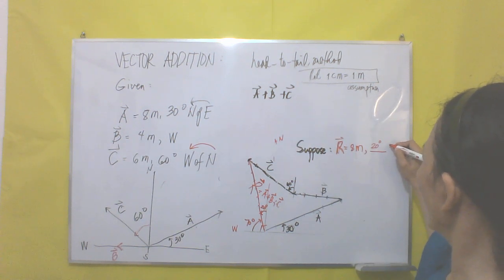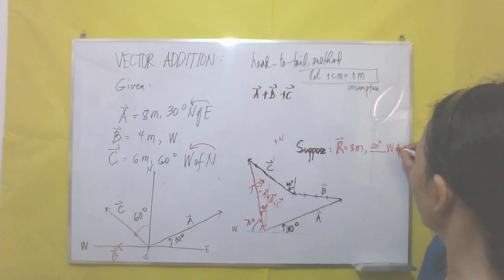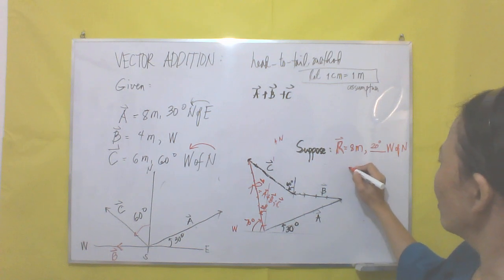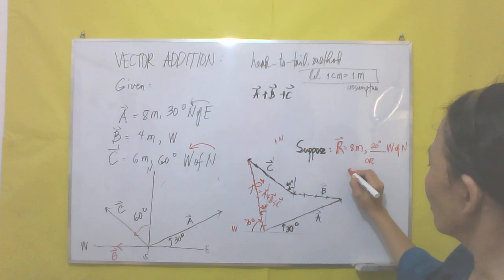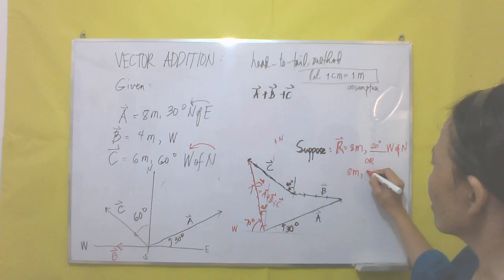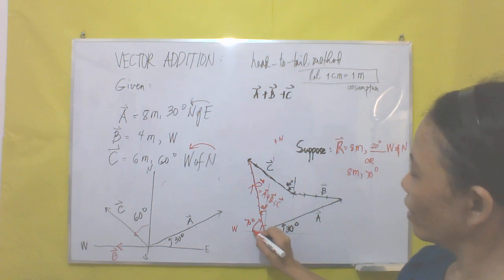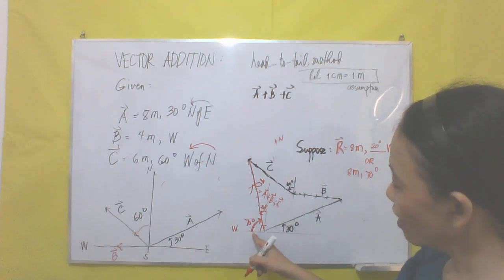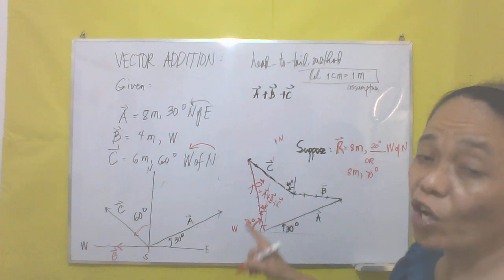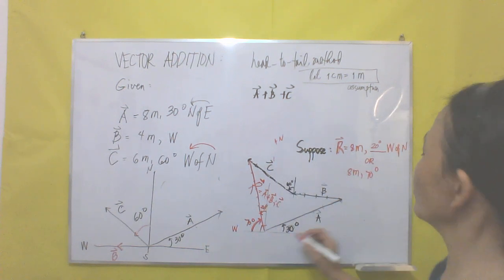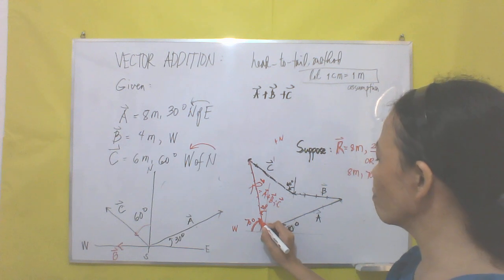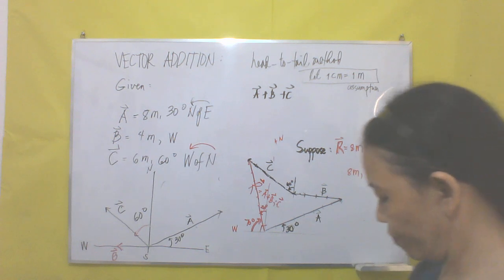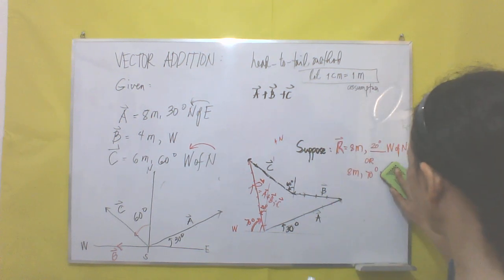So that is west of north, or 8 meters, 70 degrees. How about this one with respect to the x-axis? The angle here is with respect to the x-axis. So this is north of west. From west, it points north. 70 degrees north of west.